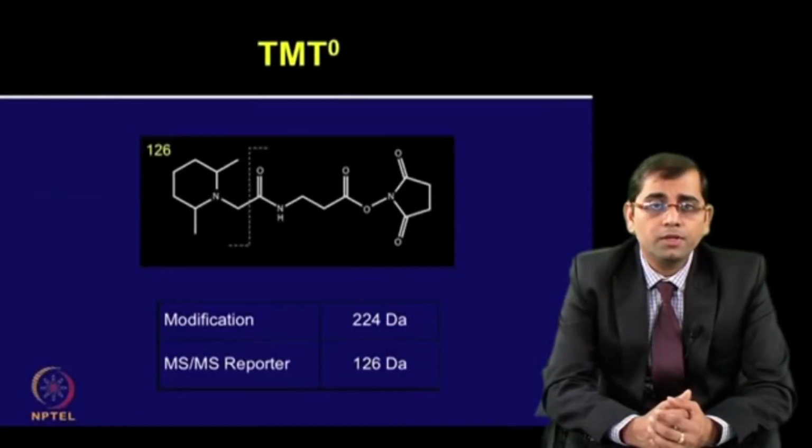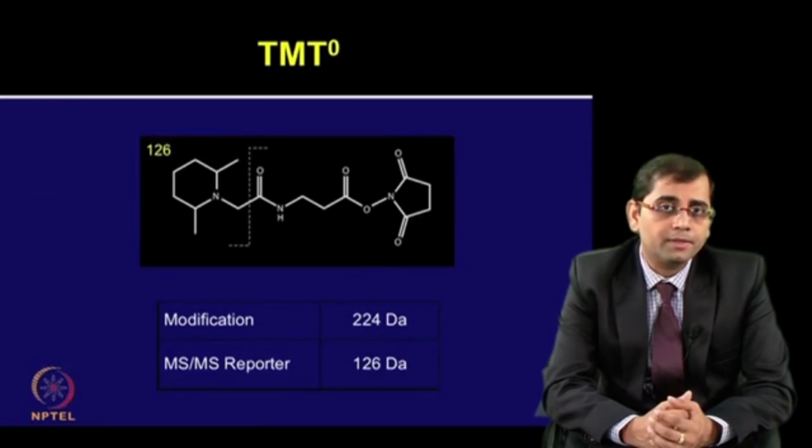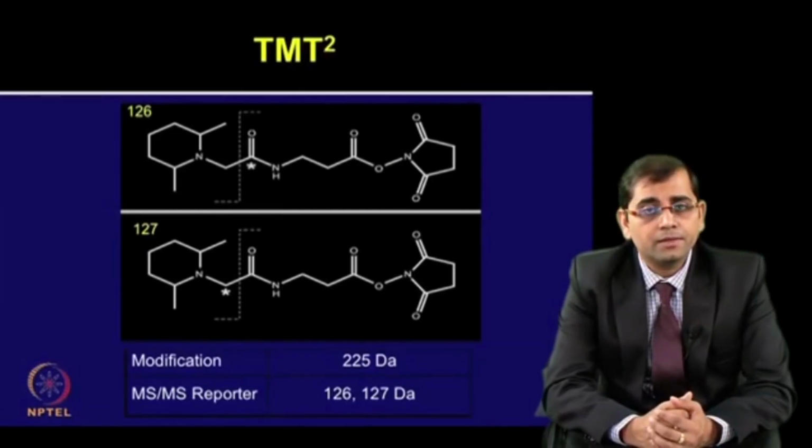The next lecture will focus on another quantitative proteomic technique based on tandem mass tags, known as TMT. TMT is also an in vitro labeling method, similar to the iTRAQ method. TMT is an MS-MS based quantitative technique which uses isotope labeled molecules referred to as tandem mass tags.